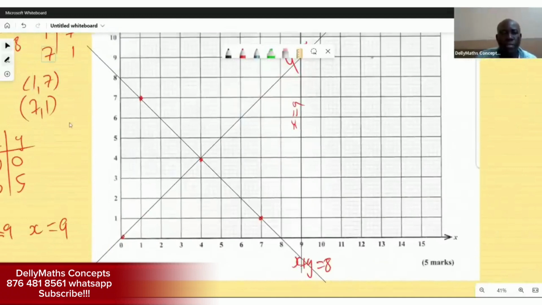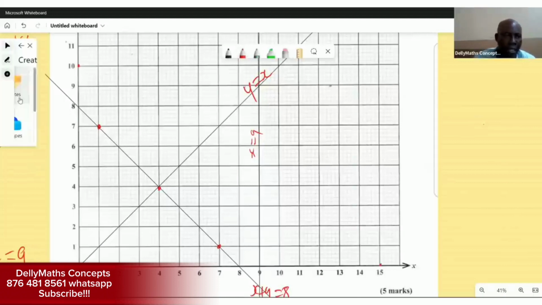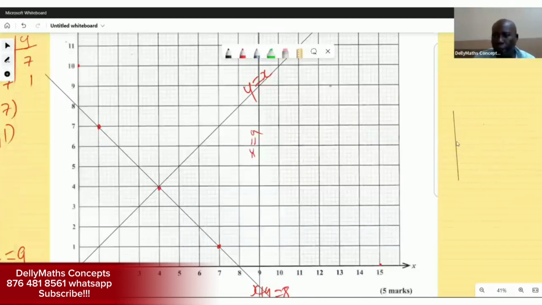So I'm coming from 0, 10, which is right here, and we're going to 15, 0 right there. I need to take out my line and drop my line right here. All right, there is my line.